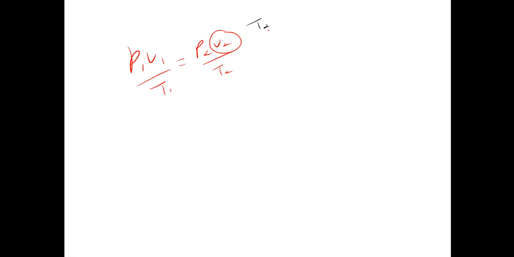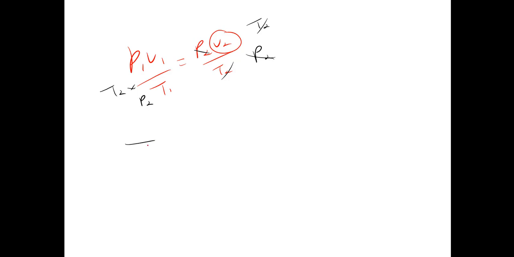So I need to start rearranging, and I just rearrange with the variables without putting in the actual numbers yet. So in this case, I need to multiply both sides by T2. That gets rid of the T2 on the bottom. I then need to divide both sides by P2. That gets rid of P2 on the bottom.